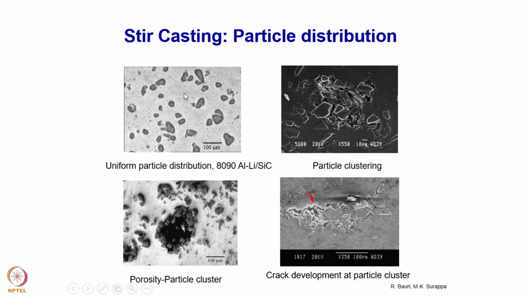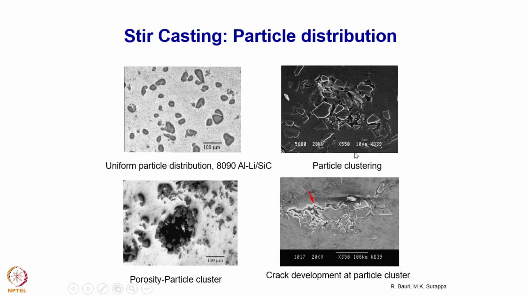Okay, so this is a uniform distribution of particles where you can see the individual particles in the microstructure, right? So this is what we expect in a good composite, and when you have a distribution like this, only then can you expect improved properties in a composite material. On the other hand, when the particles are agglomerated or clustered, you will see a microstructure like this one, the second micrograph on top.